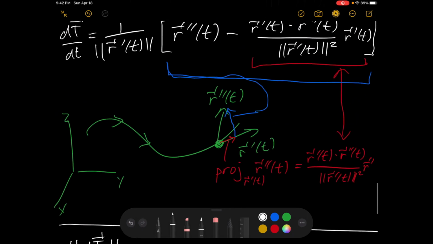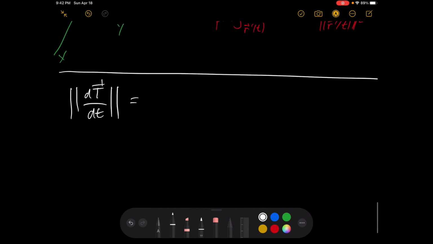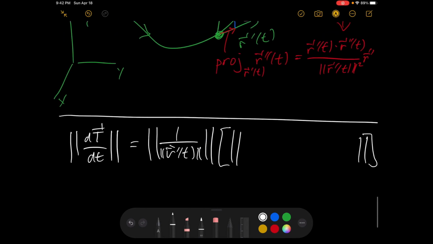that means that we need to apply the magnitude operator to this term and that term, or the blue vector basically. And so we get the magnitude of 1 over r prime of t times the magnitude of r double prime of t minus r prime dot product of r double prime over the speed squared times r prime.